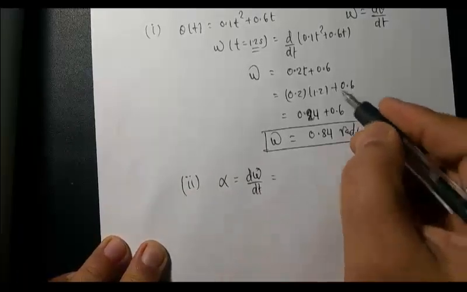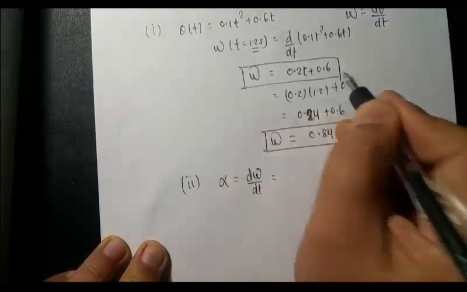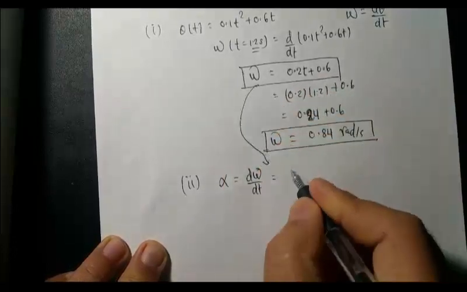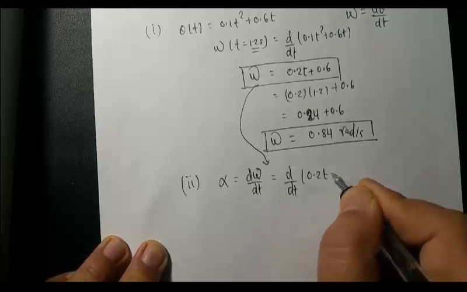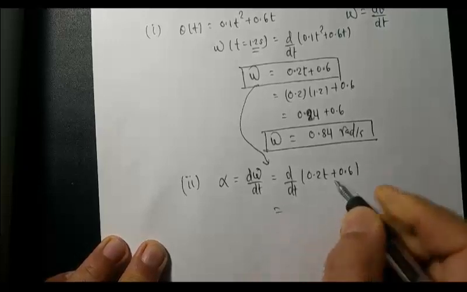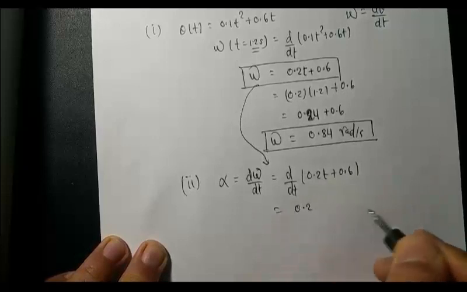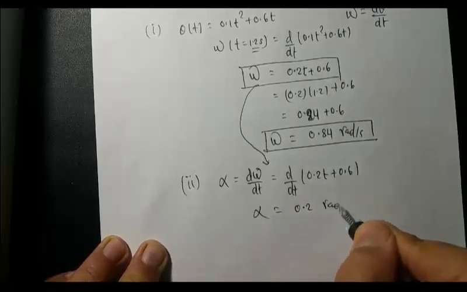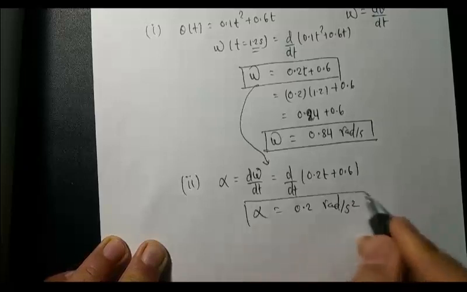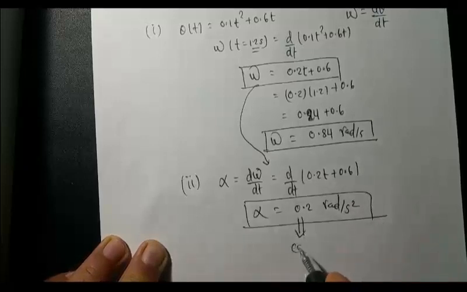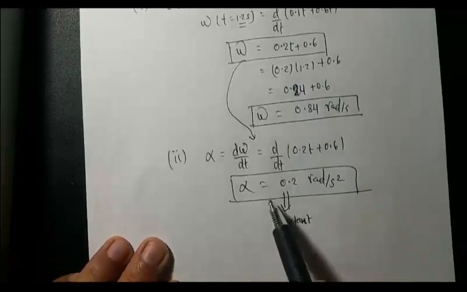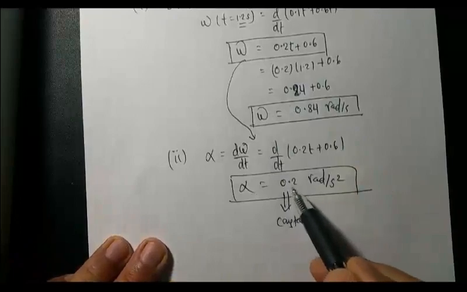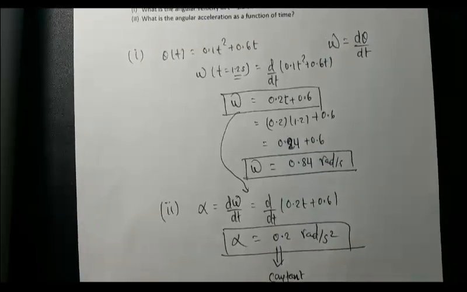And omega as a function of time is this, so take the time derivative of 0.2 t plus 0.6, and the derivative is just 0.2. So you can clearly see alpha is constant. The angular acceleration in this problem is constant because it doesn't depend on time. All right, let's move on.